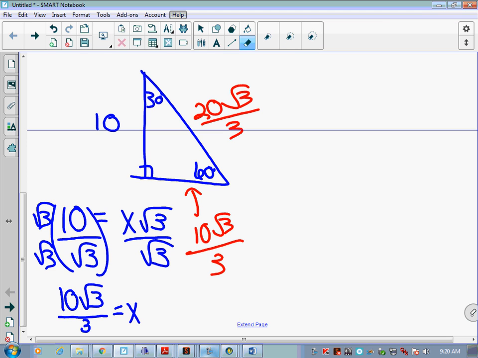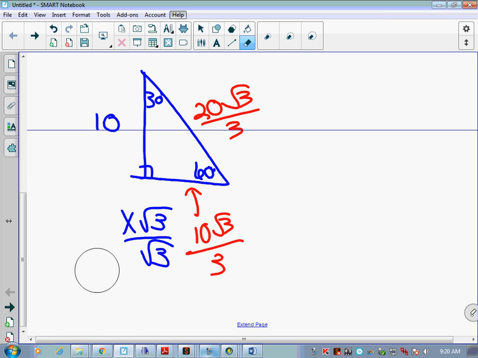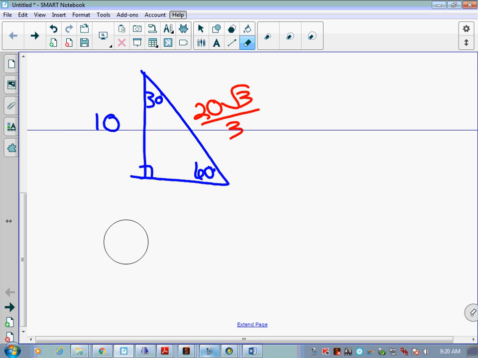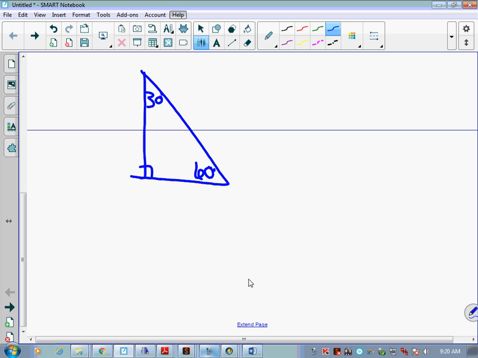All right, let's try another one. Okay, let's say that this is 5 radical 3 down here. What's my hypotenuse going to be? 10 radical 3.